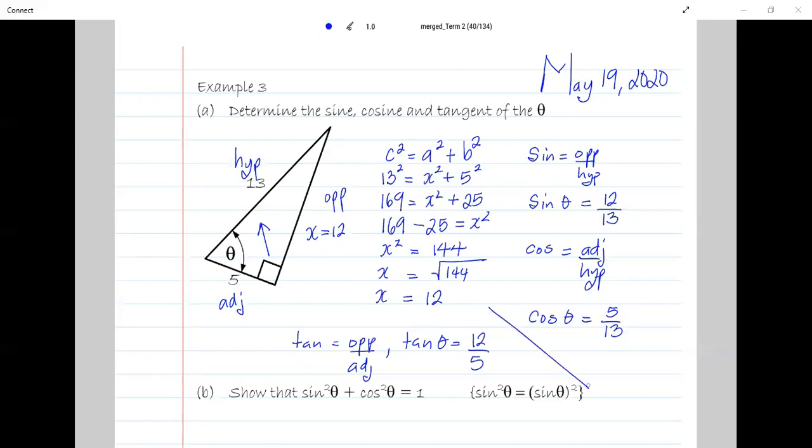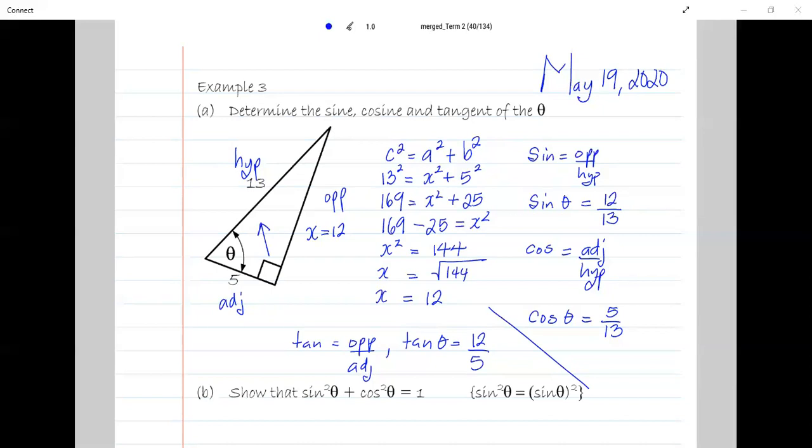All right. So we were given a triangle, and for that triangle, I know the length of two sides. I knew the hypotenuse, which is 13. I knew the side that was adjacent to the angle theta, which is 5. What I did not know was the side that is opposite to the angle theta, which is 12. We were asked to find the sine, cosine, and tangent of the angle theta. Cosine is adjacent over hypotenuse, so I could have found the cosine of the angle.